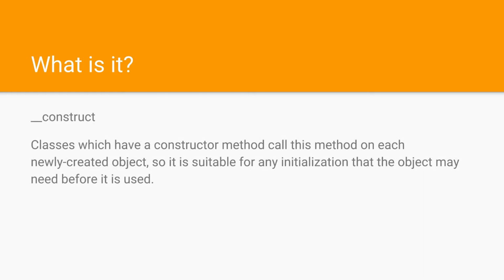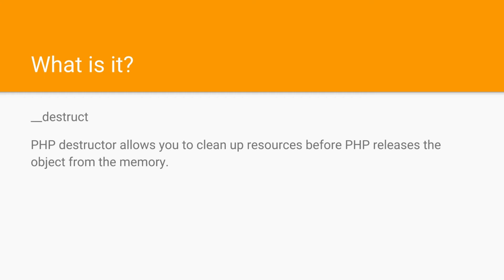And for the destructor method, it's the exact opposite. A PHP destructor allows you to clean up resources before PHP releases the object from the memory. So these are the things that you absolutely need to do the moment you close the object, or the moment you destroy the object that you created from the class.